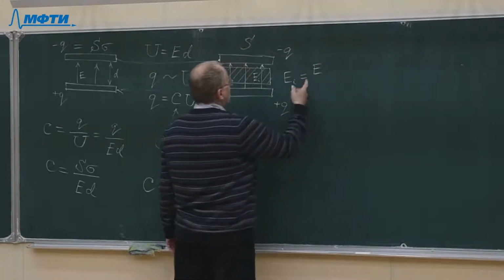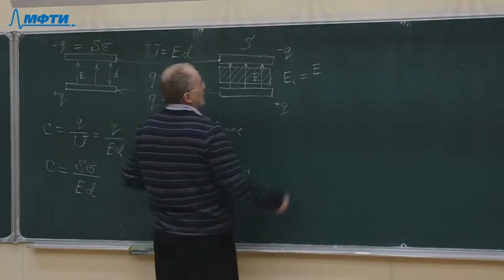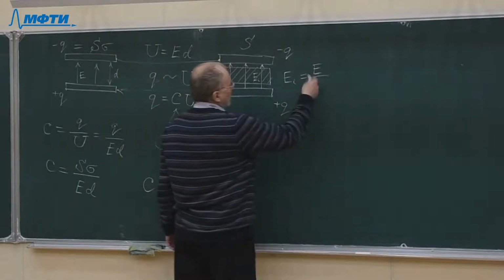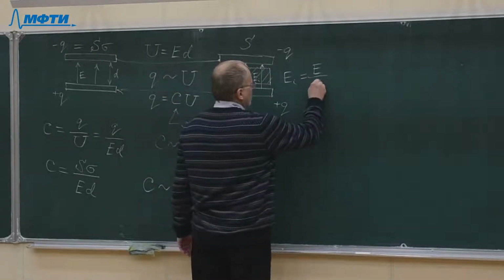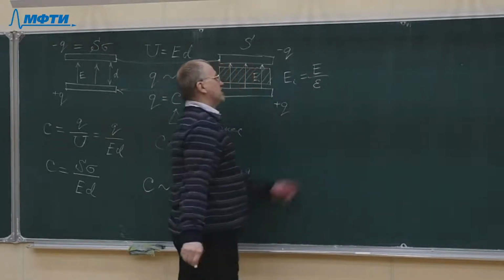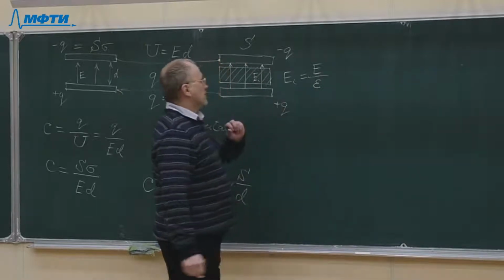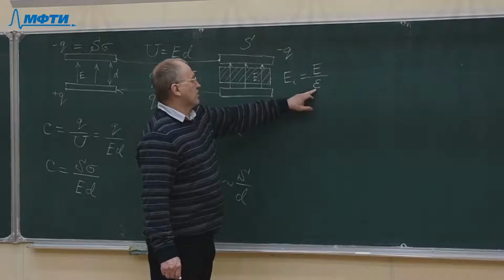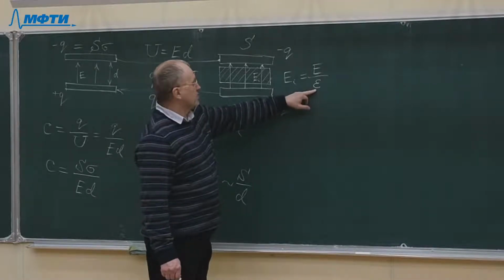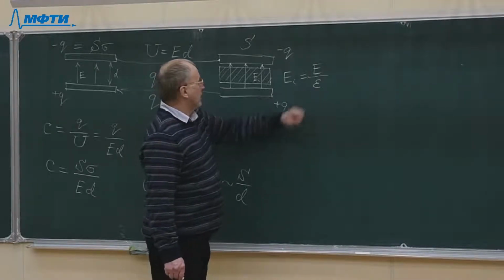So the initial field strength in the empty capacitor must be divided by some number like 2 or 3 or 5 or something like that. We denote this number by the Greek character epsilon, and this physical quantity is called permittivity, dielectric permittivity.